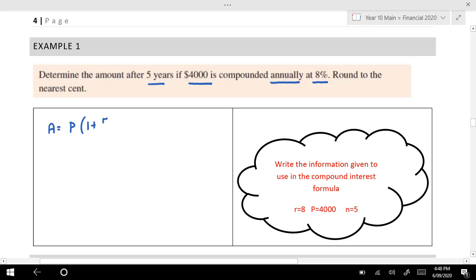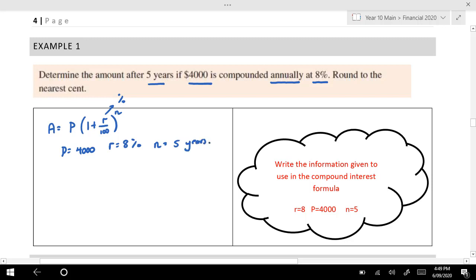It's growing, so we're going to need this, to the power of n, which is how many years in this case. We know that the principal is equal to 4,000, and we know that the rate is 8%. This is as a percentage, which will convert to a decimal in a second. And n is 5 years.